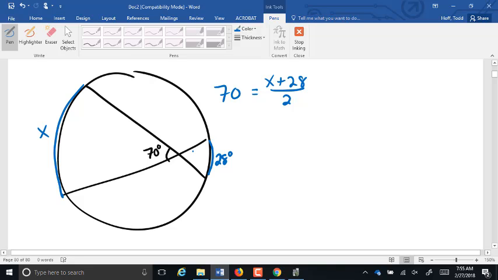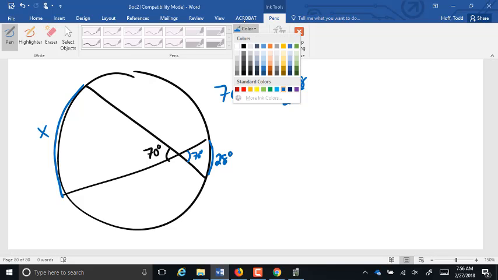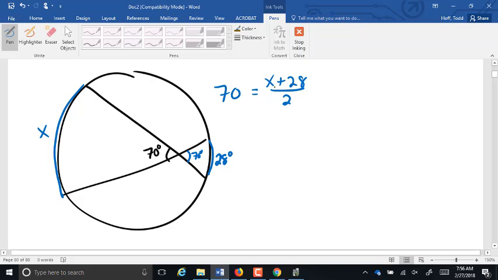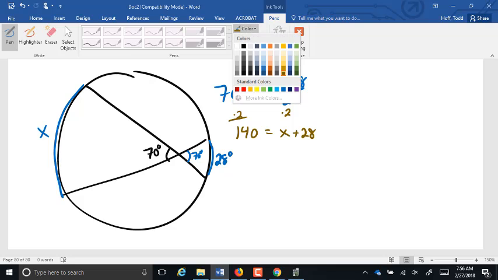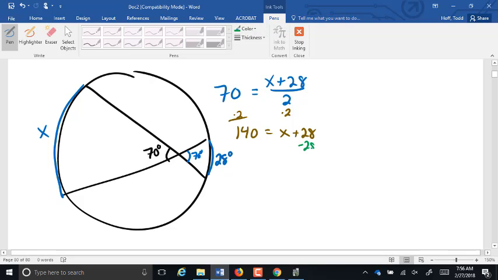That the average of those two arcs has to equal this angle. Of course, this is also 70 degrees, right? So now I solve that equation to find my missing arc. I multiply by 2. 140 equals x plus 28. And then I'll subtract the 28. 112 equals x. So this is a 112 degree arc.